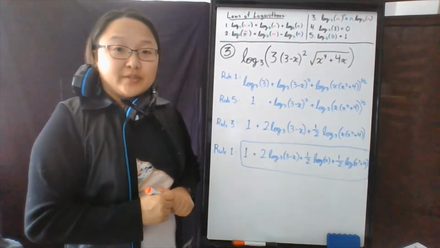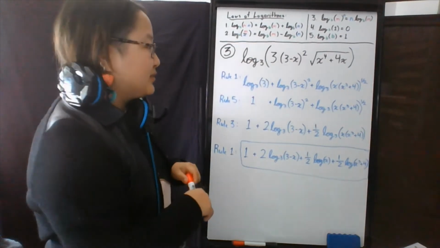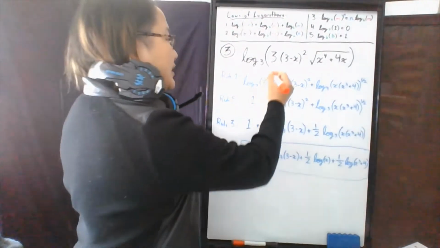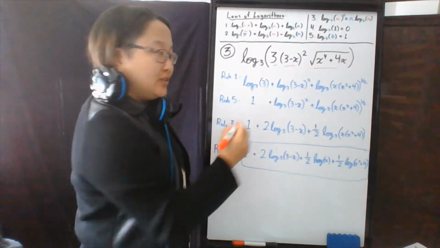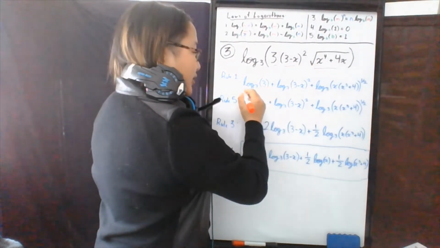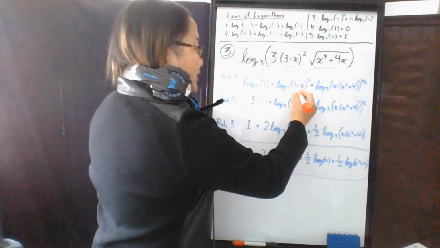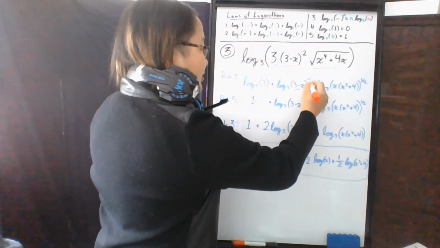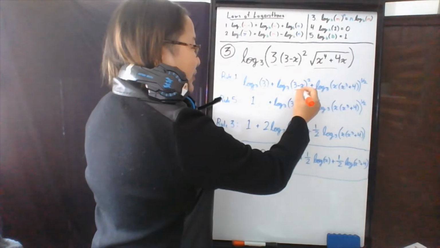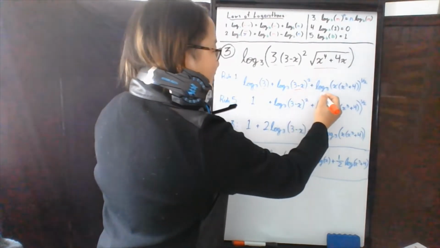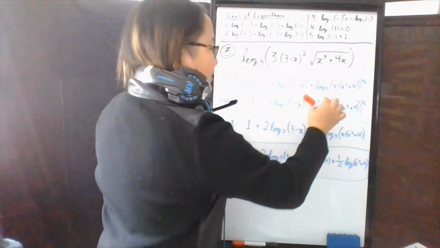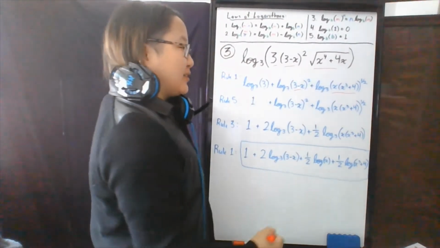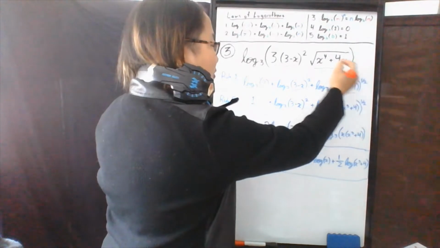So again, there are a few things to note with this. The first is that there are 3 separate products that you can take out. So you split that, keeping the log 3 in front, into log 3 of 3 minus x squared, and log 3 of x times x to the third plus 4, all to the 1/2.